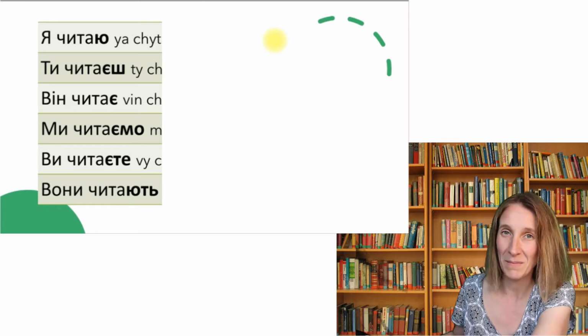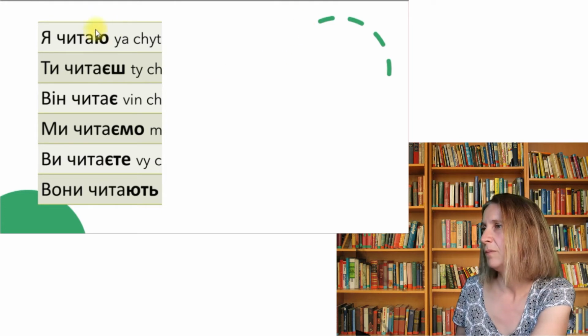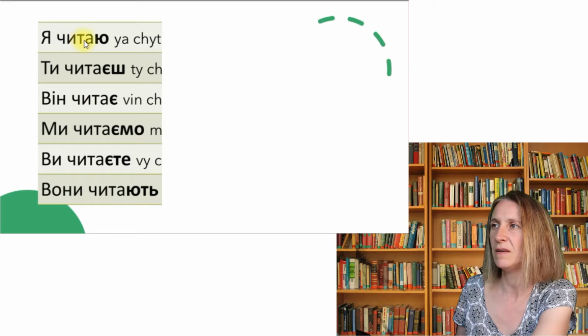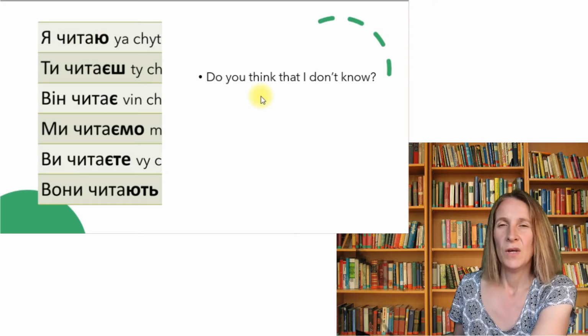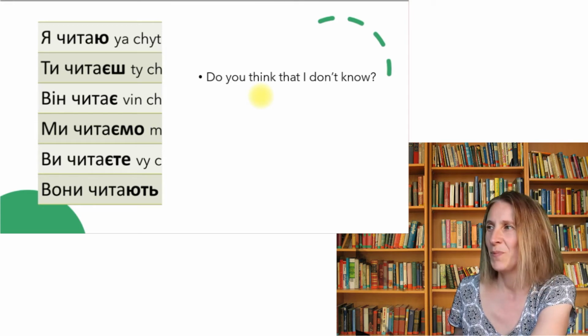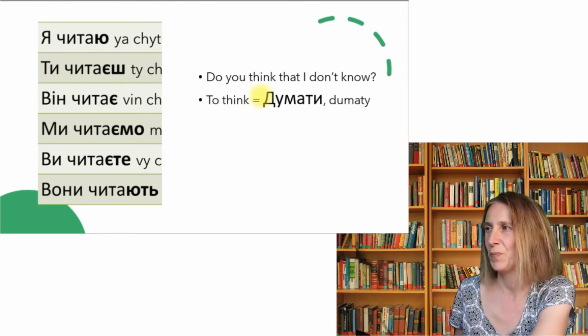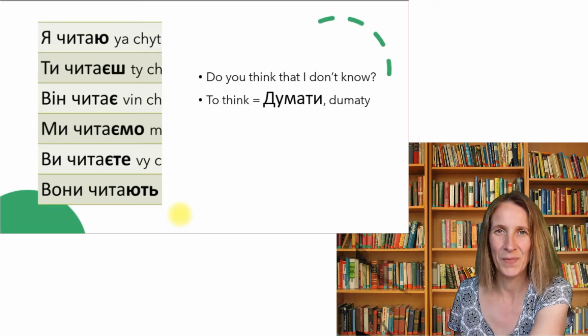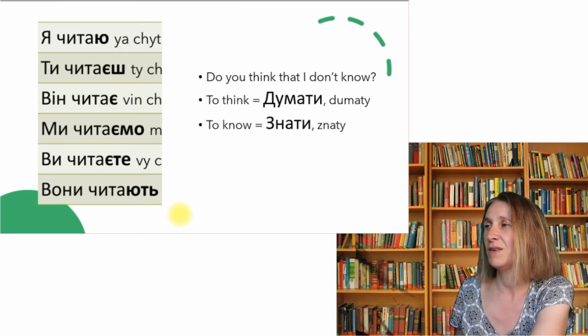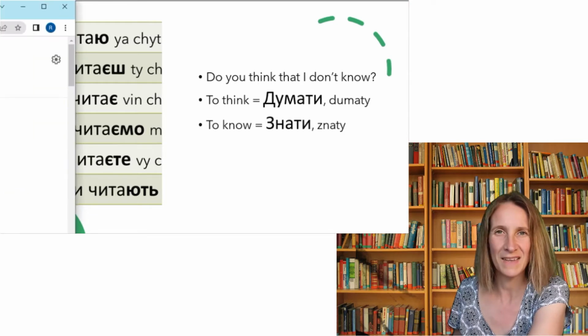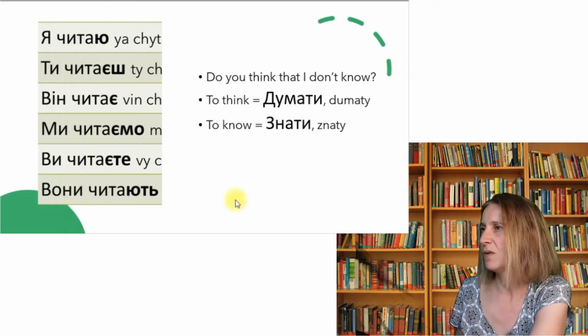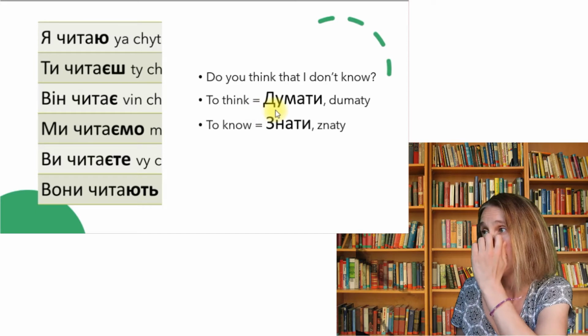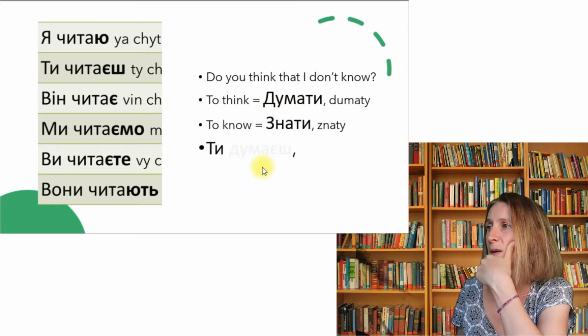Let's have a look at some examples. So this is the verb to read, я читаю, here. Do you think that I don't know? So, to think is думати. And to know, знати. So what we need is "you think", ти.